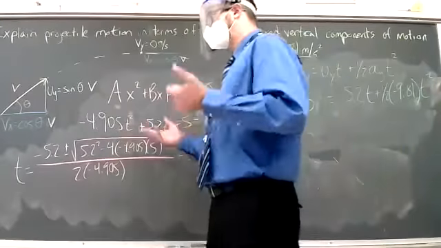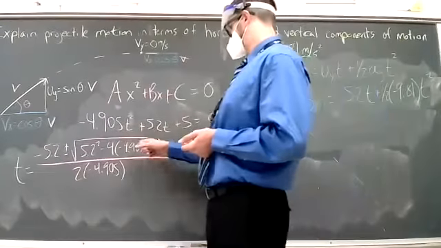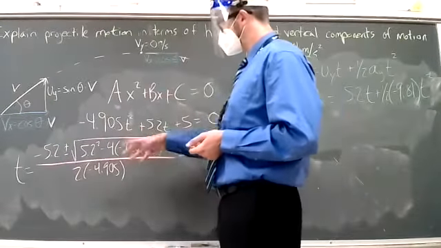5.2 squared, so we'll begin at 25. 5 times negative 5, negative 25.